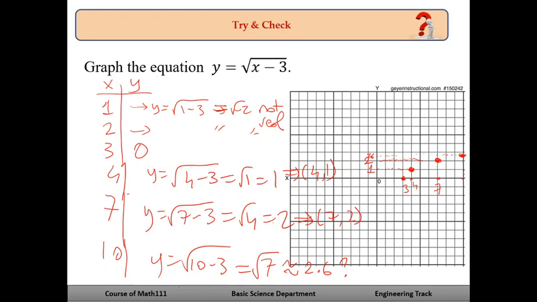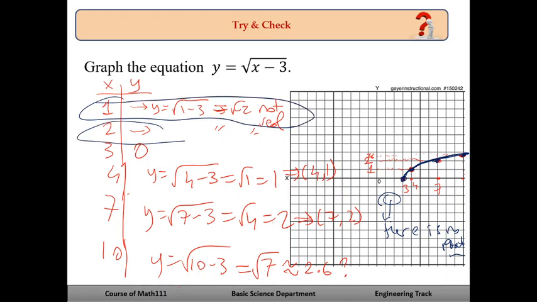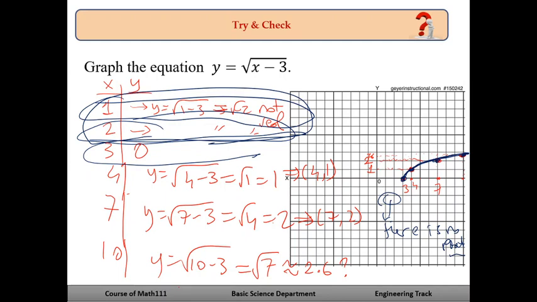So we have these points. We connect these points and we get the graph. There is no point on this side because before 3, we checked 1 and 2 and couldn't find any point, so there's no point here.